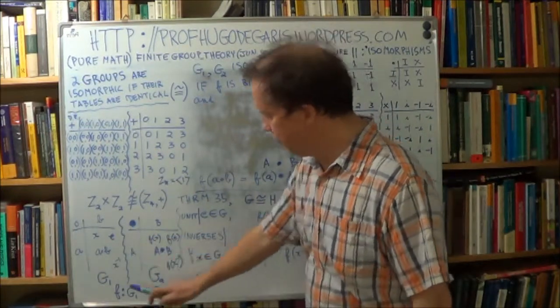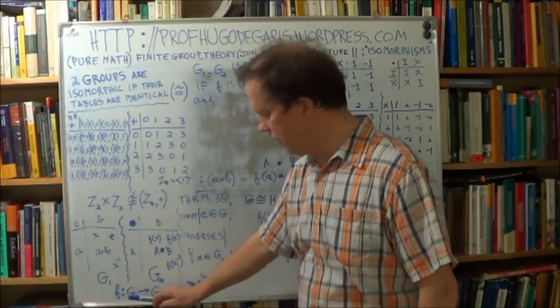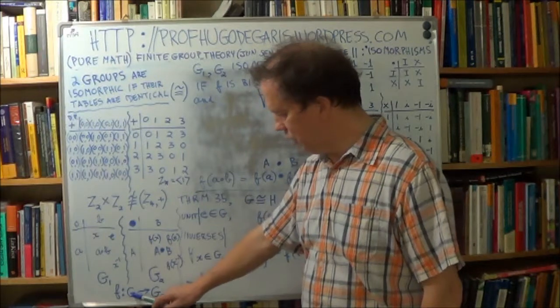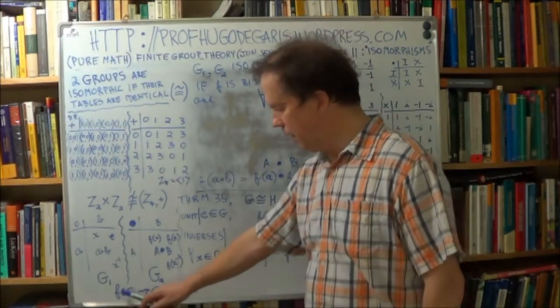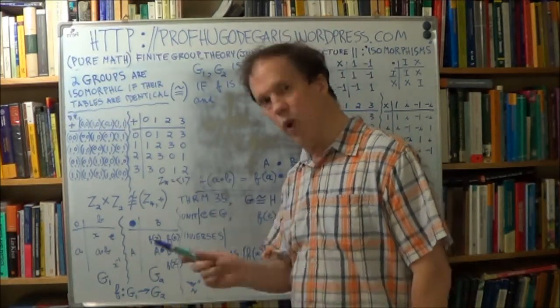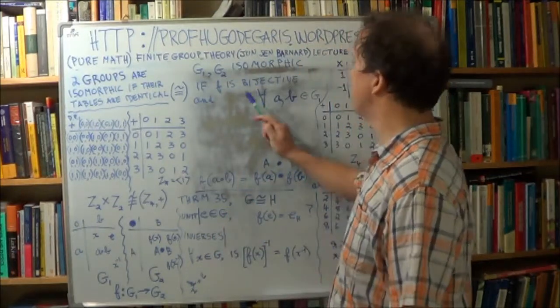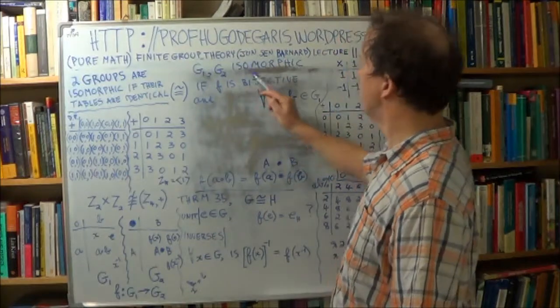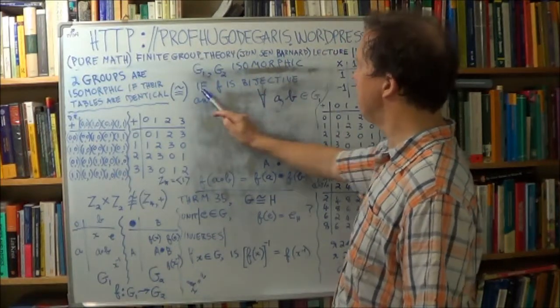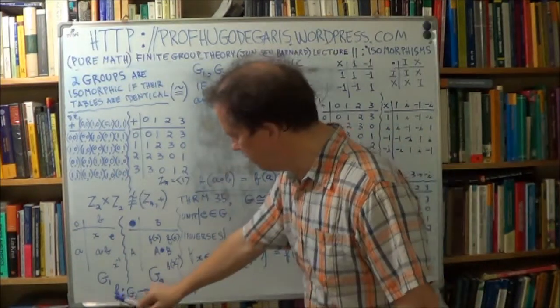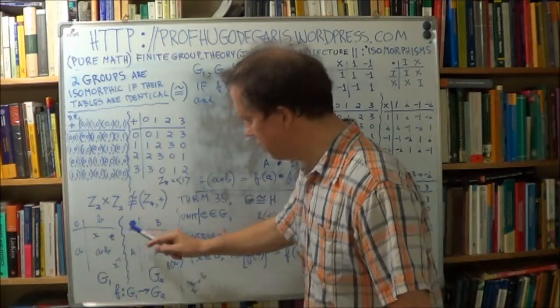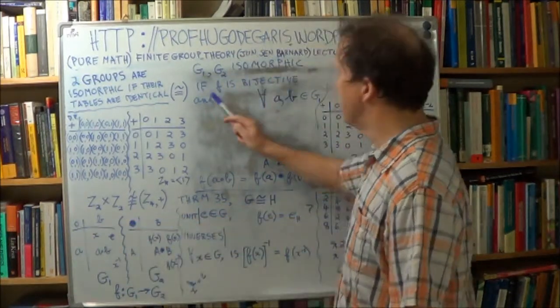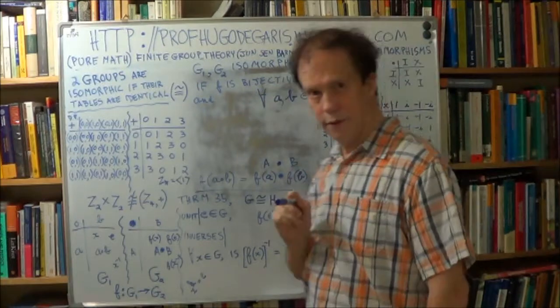So this mapping F, you're mapping the elements of G1 into G2. That mapping has to be 1 to 1, in other words, bijective. So in general, two groups G1 and G2 are isomorphic if this mapping between them, this translation of the elements of this set into this set, is bijective.